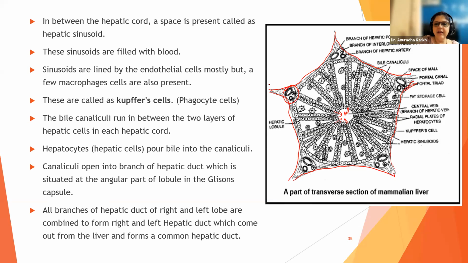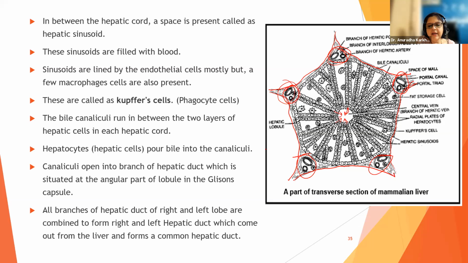Can you see this is at an angle? This is an angle, correct? Which are present at the angular part of the lobule in the Glisson's capsule. So here you can see it is at an angle, in every place, even this one, even this one. So all these are the angular areas of the lobule wrapped by the Glisson's capsule.